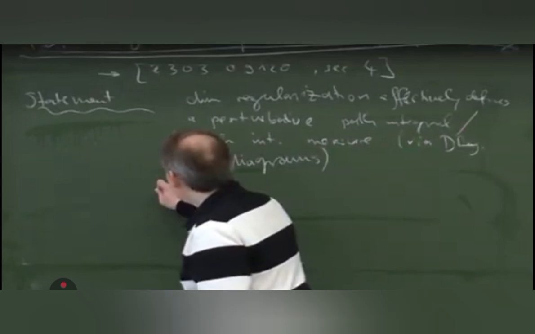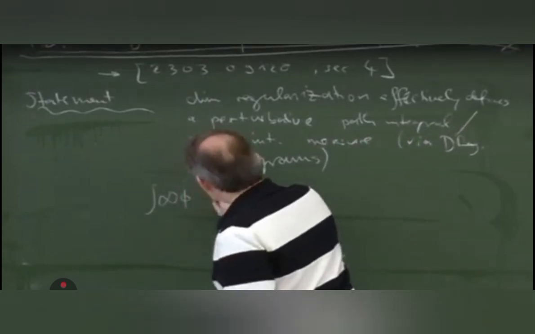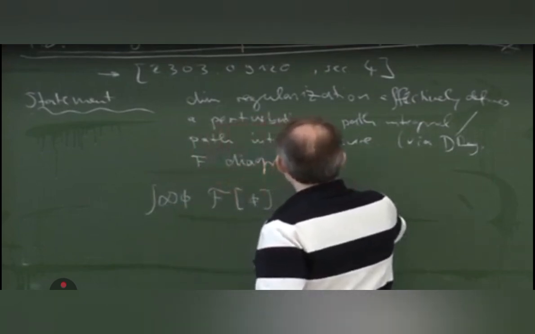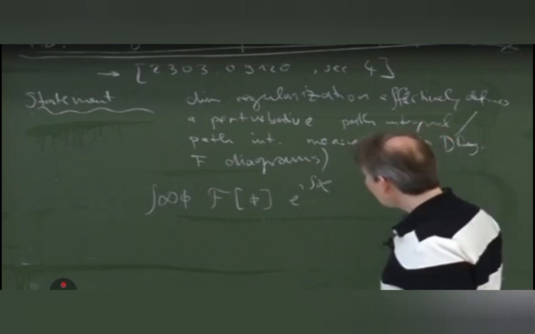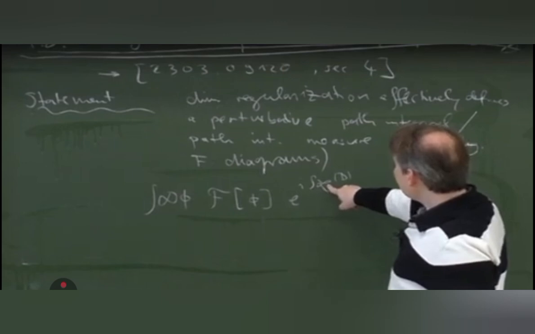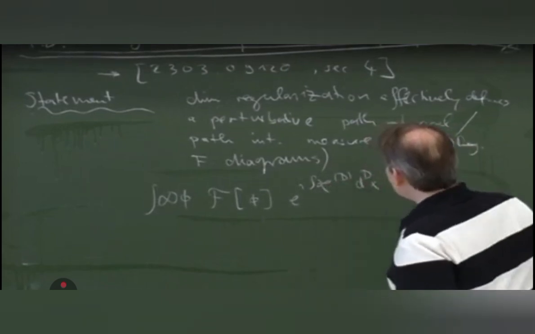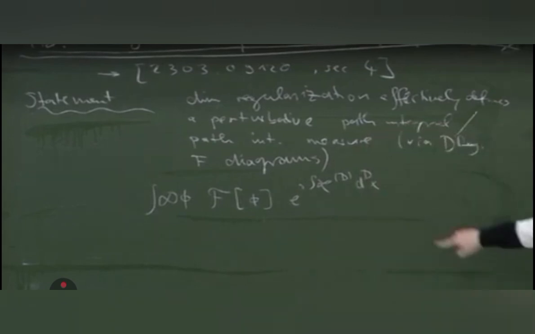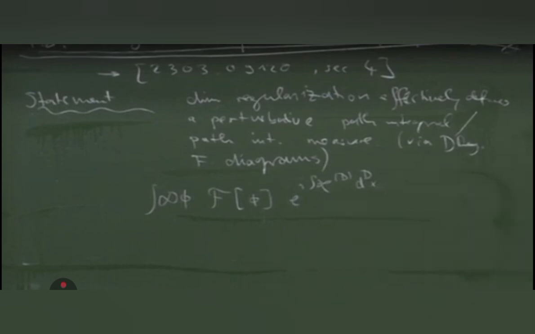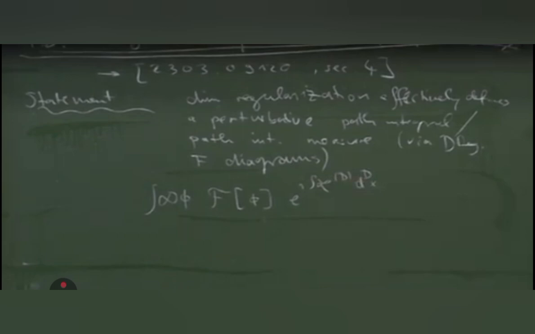So as a formula, we might write d phi of some functional of fields times e to the i times the action. We define it now in the following way. The action, or the Lagrangian L, is defined in d dimensions, and it's integrated over in d-dimensional space-time, where d is of course not an integer number, but a continuous variable, and this is meant in a formal sense defined in terms of regularized Feynman diagrams.